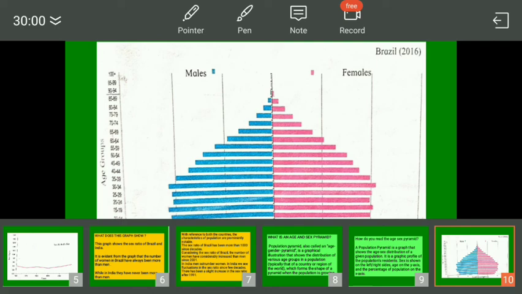The actual number of people will be more in India as its population is more, that is around 121 crores. But when percentage is taken into consideration, then the percentage of older and middle age group population of Brazil is more than India. Yes, but the actual number will be less as Brazil's population is less, that is around 20 crores only.